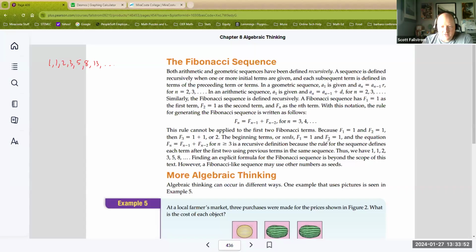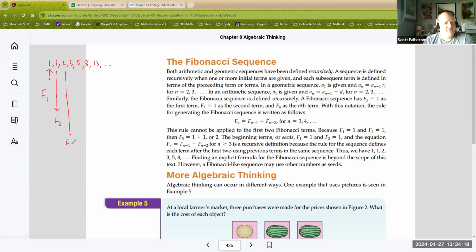So if you're writing it down, there might be a way of connecting what you're doing. Almost don't want to give it away, but yes, you could use the Fibonacci notation. The first term in the Fibonacci sequence, this one right here, would be F1. This one would be F2.